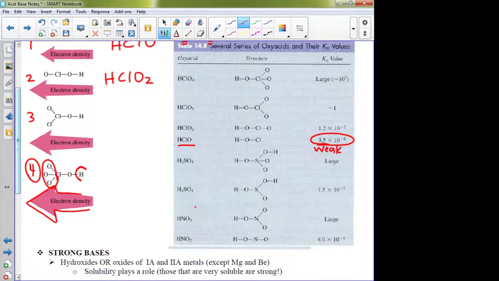Whereas if I scroll up, here's my HClO4, that's my perchloric acid. Look at its Ka value. It just went ahead and wrote large. It's approximately something times 10 to the 7th. This is a really big number. So that lets me know that my perchloric acid is very strong.